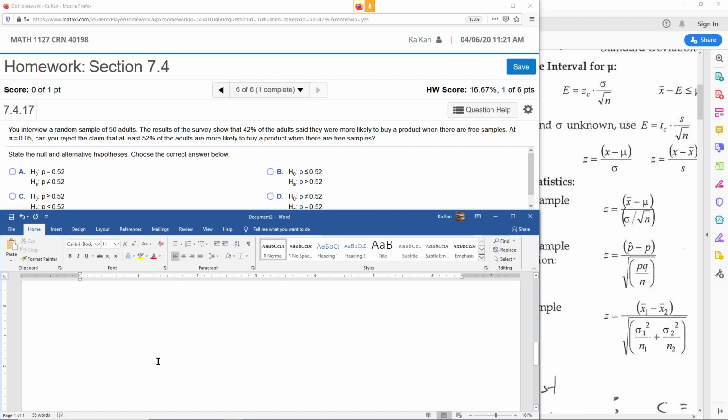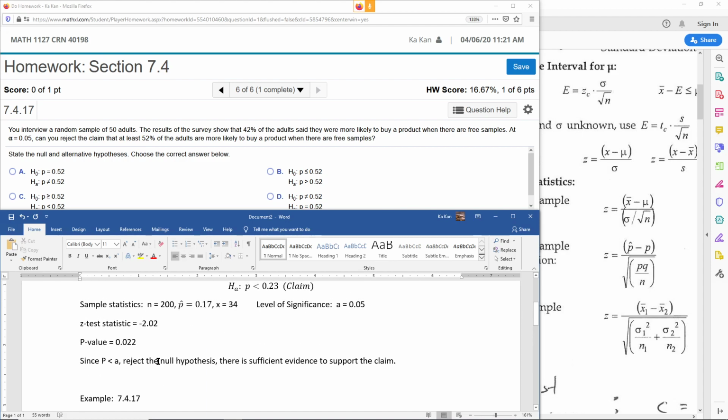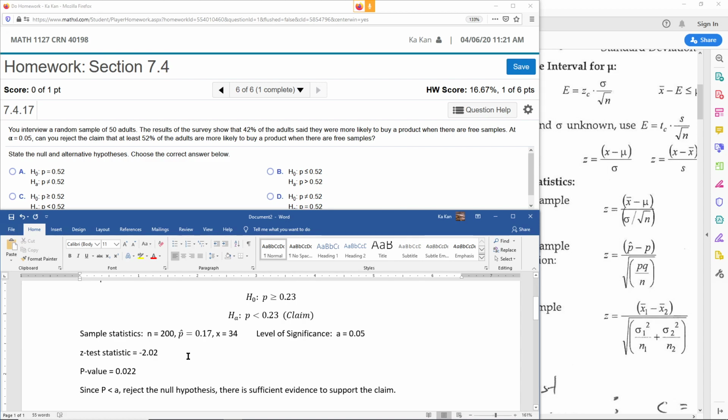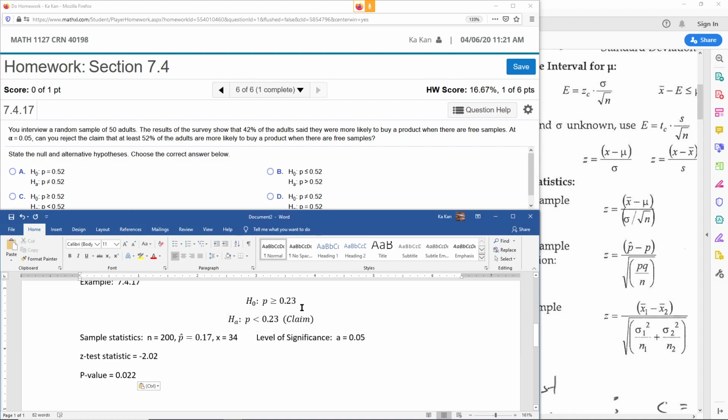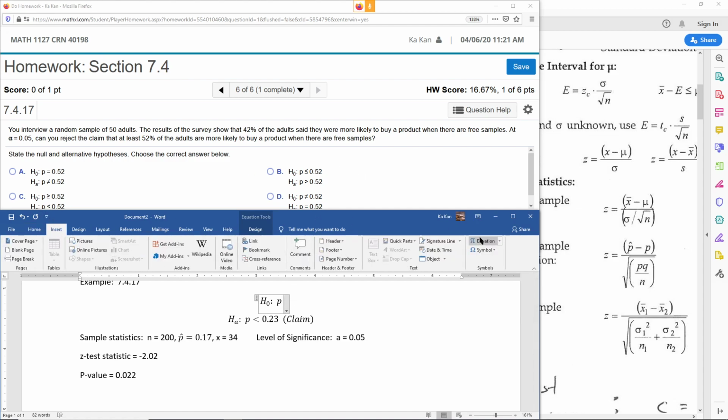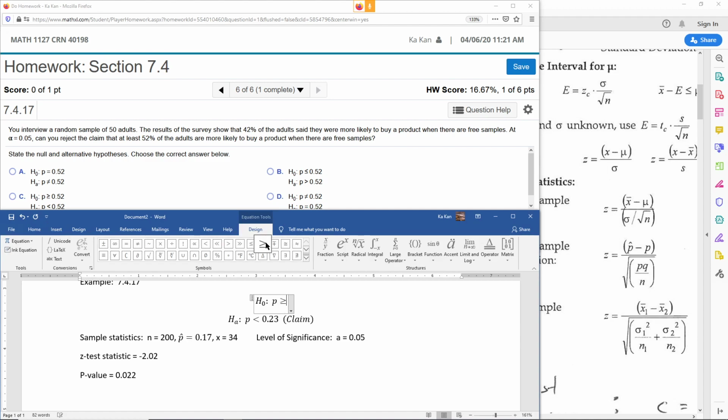So right from the get-go, let me just go ahead and copy these. We know that the hypothesis is going to be at least 52%, and also the opposite too. So at least means bigger than or equal to. So P is bigger than or equal to 0.52.